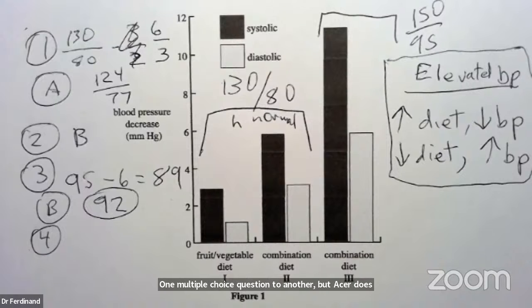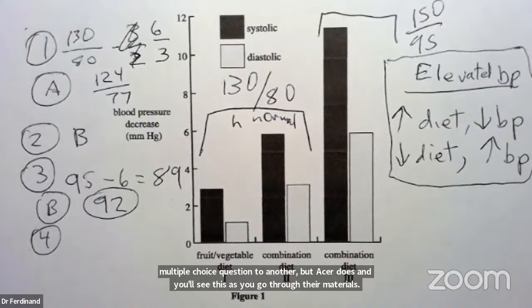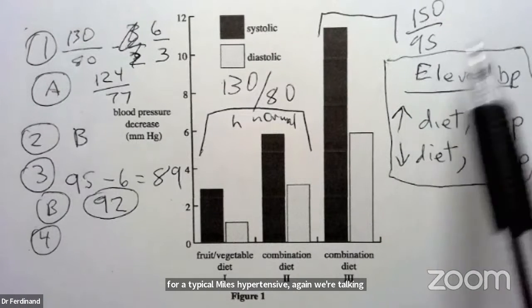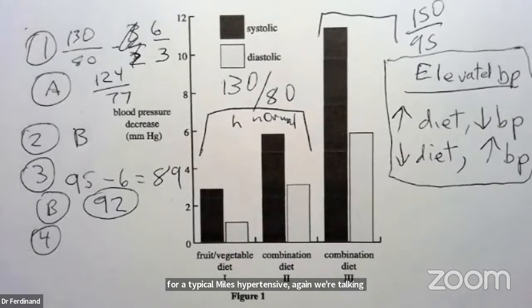So of the following, what is likely to increase most for a typical mild hypertensive? Again, we're talking about starting at 150/95, just like question number 3, on a combination diet, changed to a fruit and vegetable diet.